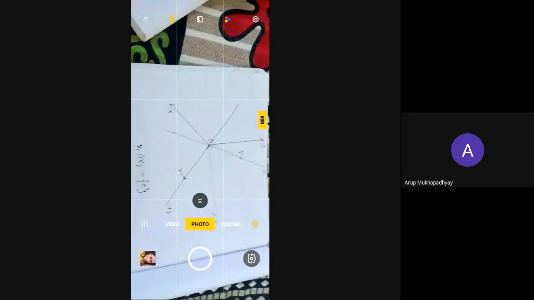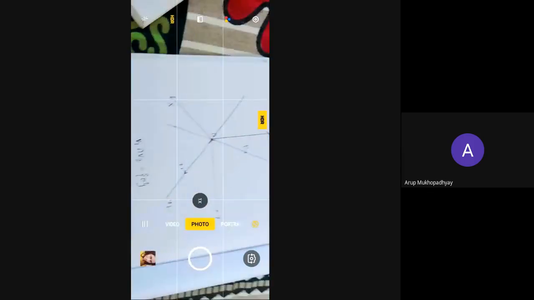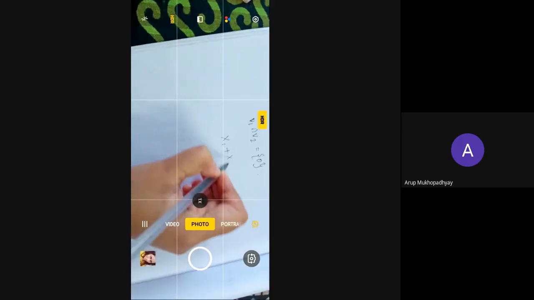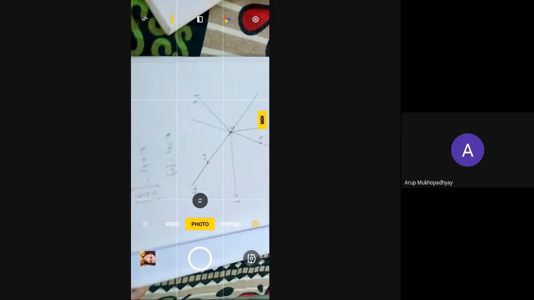If we take x1 and x2, then x1 plus x2 I will get 2, 5 and 3. If I draw this here, then the line will be like so.